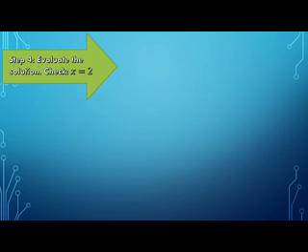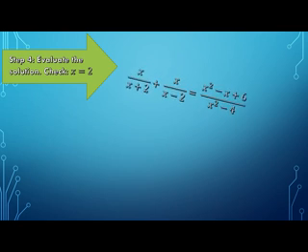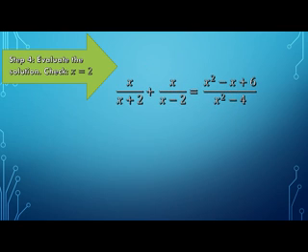So now let's proceed to the last step, which is to evaluate the solution. We have to check first if x is equal to 2 satisfies the equation. So the given is x over x plus 2 plus x over x minus 2 is equal to x squared minus x plus 6 over x squared minus 4.